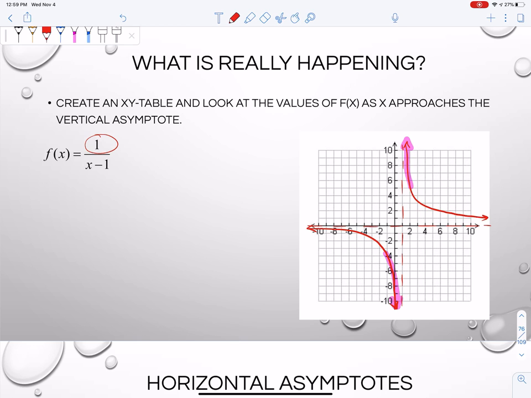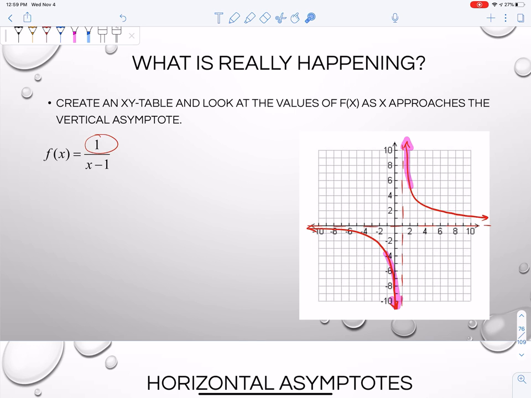Now, horizontal asymptotes tell us what's happening out on the left and right ends as I approach negative or positive infinity. It doesn't tell me what's happening in the middle of my graph. And with that being said, not always, but at times we're going to have graphs where we're actually going to cross that horizontal asymptote.